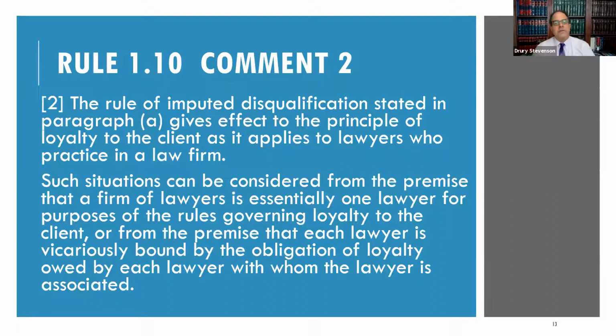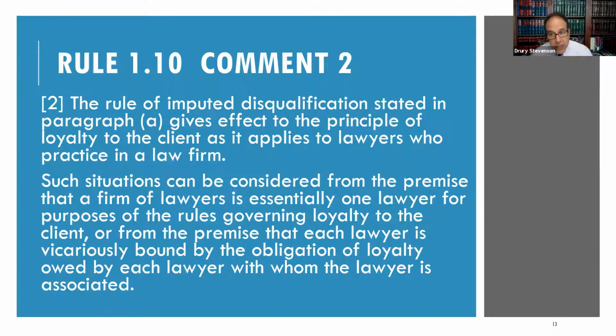Now, the rule of imputed disqualification stated in paragraph A gives effect to the principle of loyalty to the client as it applies to lawyers who practice in the firm. Such situations can be considered from the premise that a firm of lawyers is essentially one lawyer for purposes of the rules governing loyalty to the client, and from the premise that each lawyer is vicariously bound by the obligation of loyalty owed by each lawyer with whom the lawyer is associated.